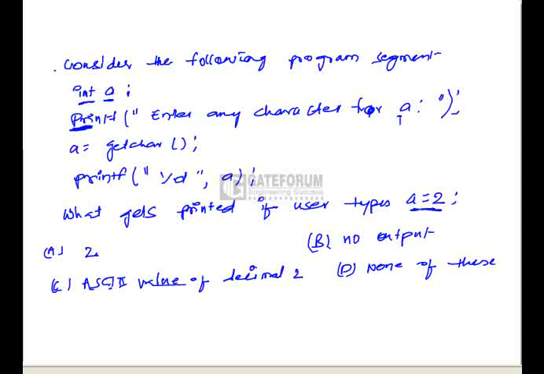If the user types the character 2, then character 2 would be returned to A because of getchar. As we have declared A as an integer variable, the ASCII value of character 2 would be stored in A. So because of the second printf statement, the ASCII value of character 2 would be printed, which is option C.